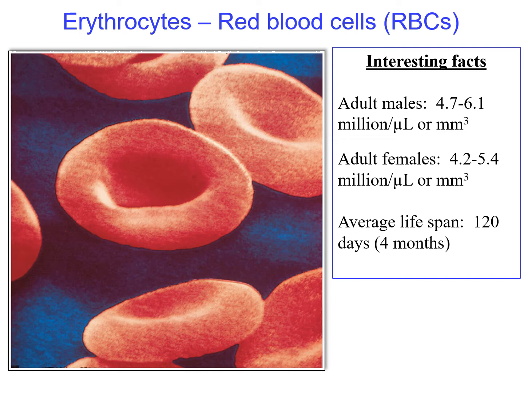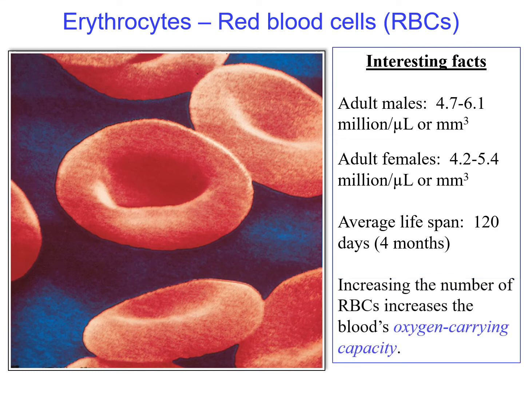So they're roaming around the blood for about 4 months, helping to transport primarily oxygen and some CO2 from our lungs to our tissues, and then from the tissues back to the lungs. And this gets at an important function, of course, with regard to oxygen carrying capacity, because it is this vehicle, this red blood cell, which notice lacks a nucleus. It's one of the very few cells in our bodies that doesn't have a nucleus.